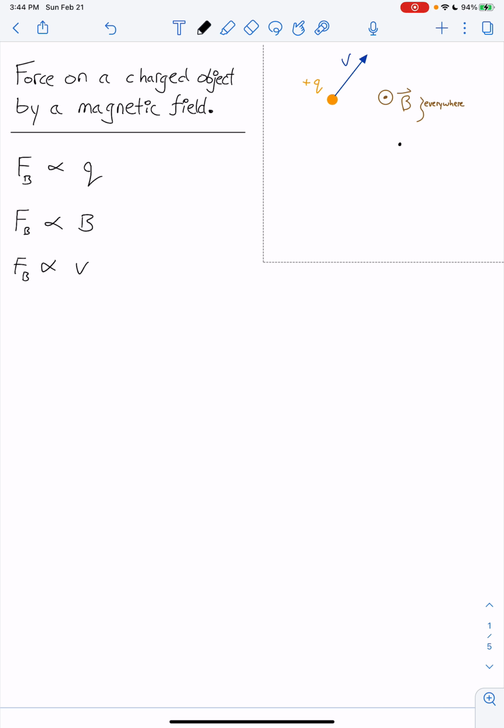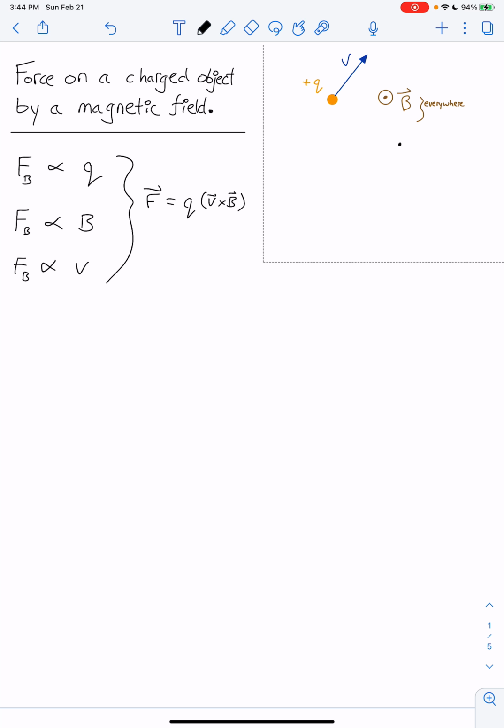The faster the object goes, the more force will be experienced. If we bring all this together into an equation, we see that the force is equal to Q, the charge, and then the cross product of the velocity and the magnetic field.